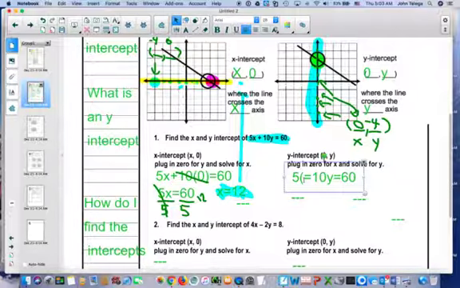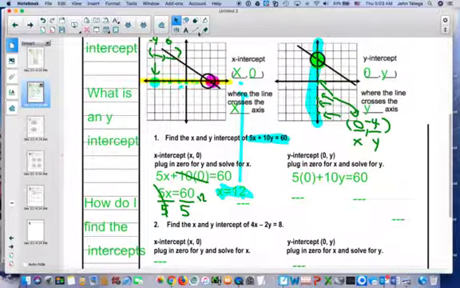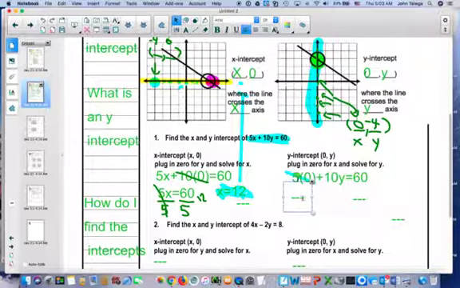Whoops. So now it's 5 times, this is supposed to be a plus sign. Whoops. Now instead of 5 times x, it's 5 times 0, which we know, right? 0 times anything is just gone. So we cancel that out, and that leaves us with just 10y equals 60. Alright, so we got 10y equals 60.